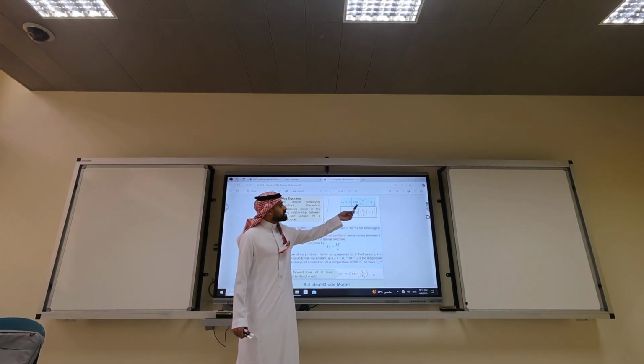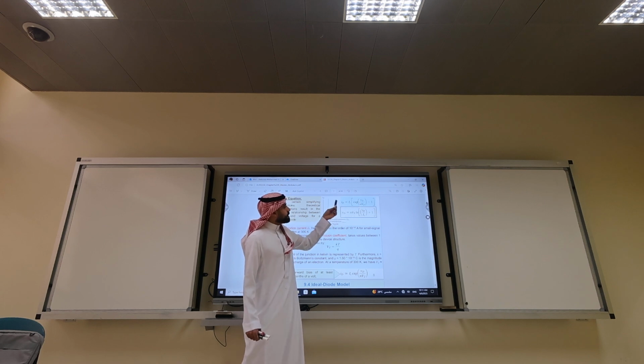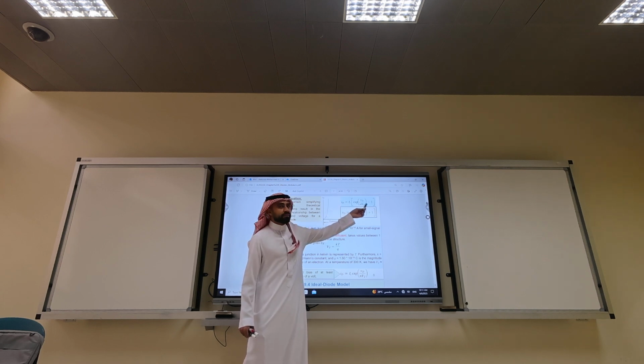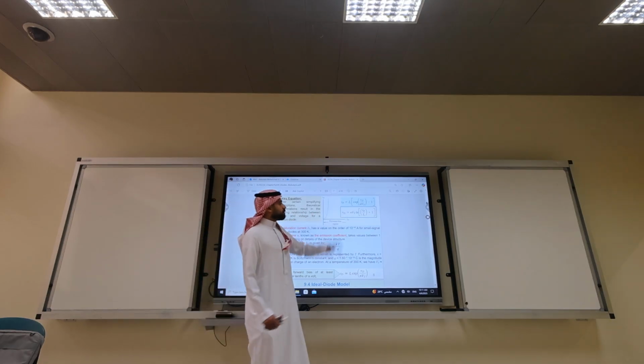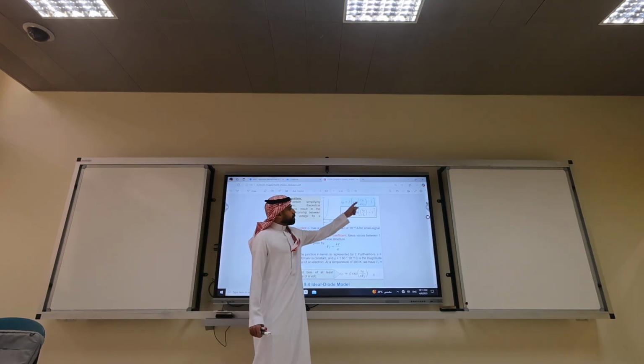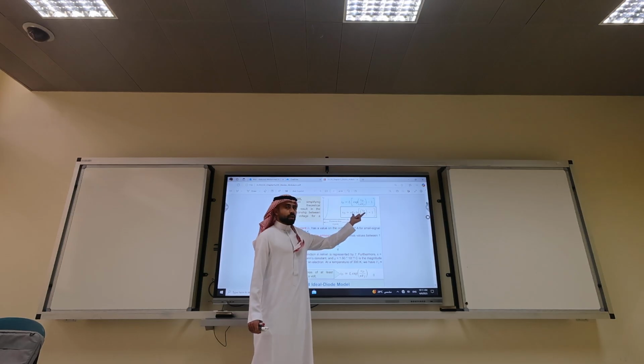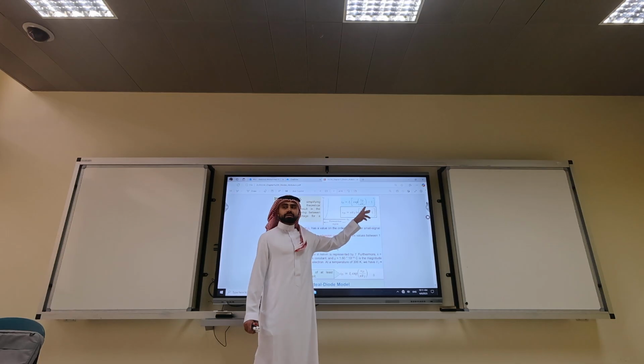Maybe it will ask you what's the value of VD given ID, IS, N, and VT, okay? I'm assuming you should be able to solve it. If you want to solve it for VD, that's the equation: NVT ln of ID over IS plus 1. So, inshallah, we will bring those two equations in the formula sheet in the final exam.